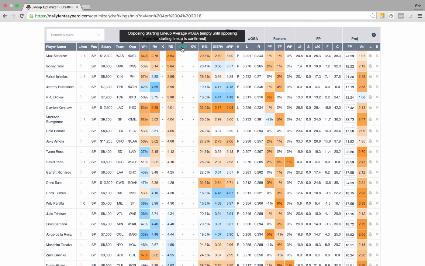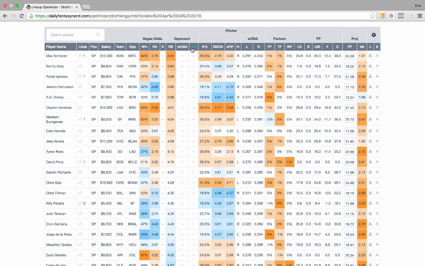So once the starting lineups are confirmed, we'll take those players in the starting lineup and average all their wOBA so that you can see whether it's a strong offense or a weaker offense, because based off of the splits, based off of if there's a player injured or not, this run scored may not be the most accurate representation, whereas wOBA could give you a better idea of how that offensive lineup looks for that day.